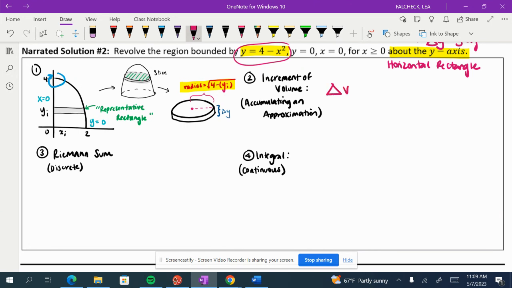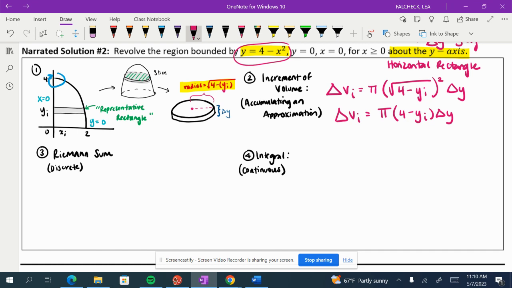Delta V_i is equal to pi times the square root of 4 minus y_i, squared, times the height of the disk. The square root symbol disappears, and we just have plain old 4 minus y_i times delta y.